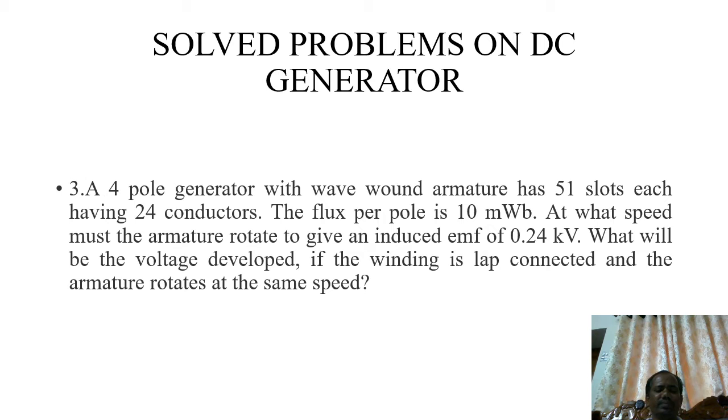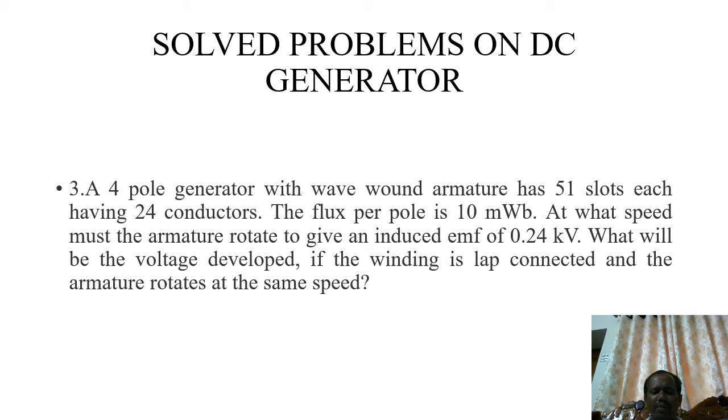Third problem: a four-pole generator with wave-wound armature has 51 slots, each slot having 24 conductors. Same problem, the flux per pole is 10 milliwebers. The data is changed in this related problem.